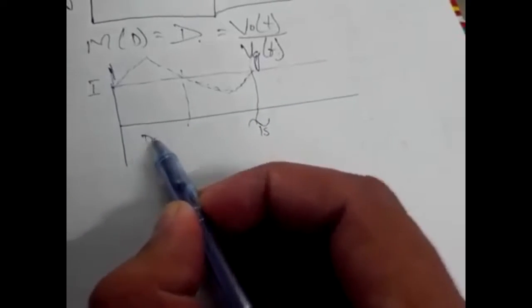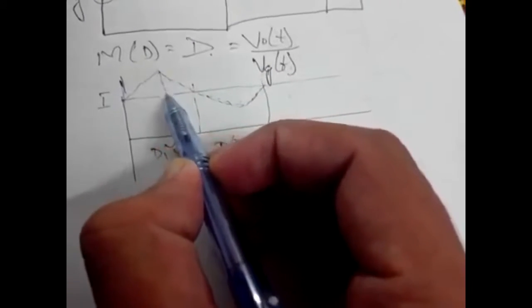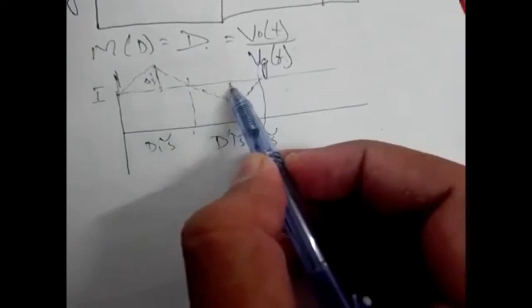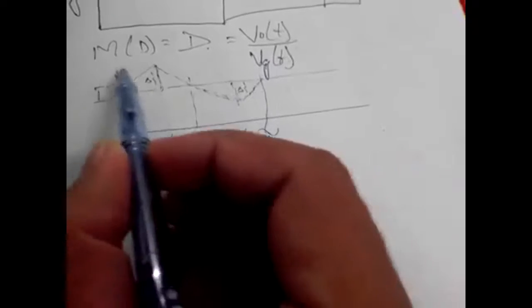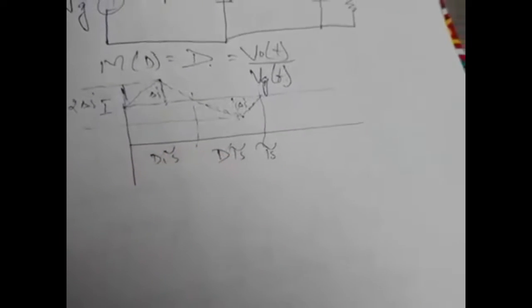This is dTs, d dash Ts. Now this length is equal to del I, this length is also equal to del I, so this whole length is equal to 2 del I.